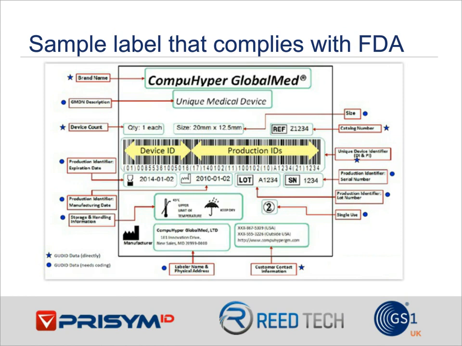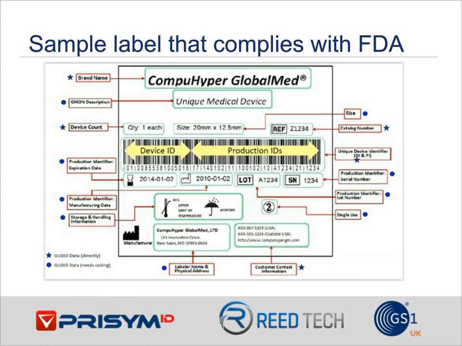These barcodes plus 13 other bits of information is what the FDA wants to see on your labels moving forward. You can see it's very well organized. The barcode doesn't have to sit in the middle; it can sit anywhere on that label. But it does need to have those 14 items inside the label itself.